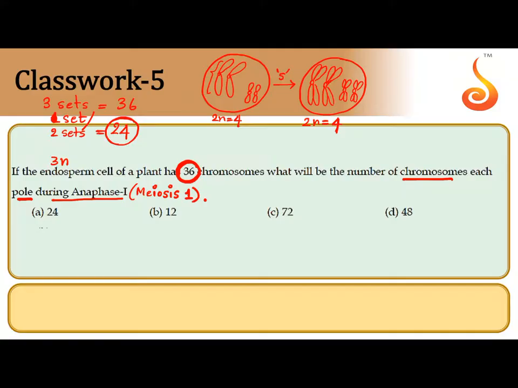Now during anaphase 1, all of you remember, during metaphase 1, the pairs will come and align at the equator like this, the taller ones and the shorter ones. Both of them are in the equator, and in anaphase, what will happen? They get pulled away from each other. The pairs get separated. So let me draw anaphase here for the same cell.